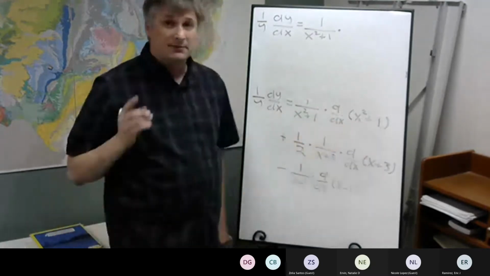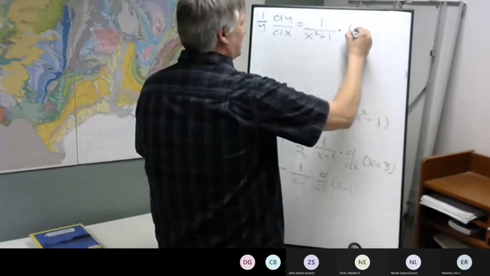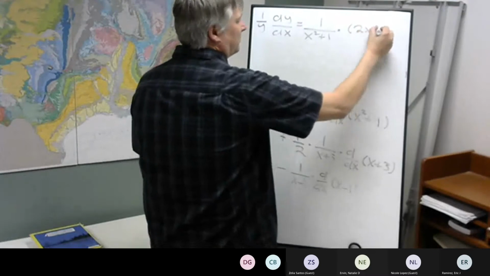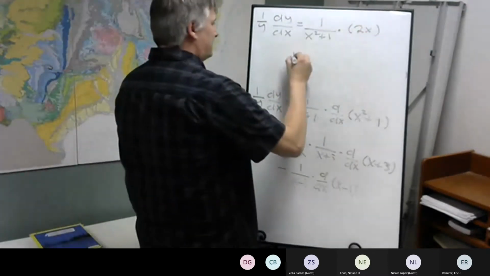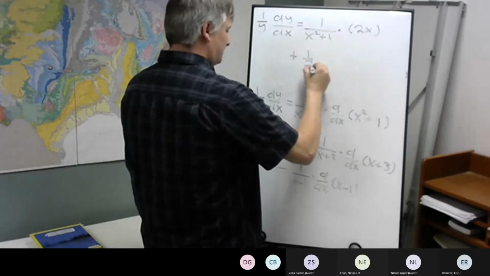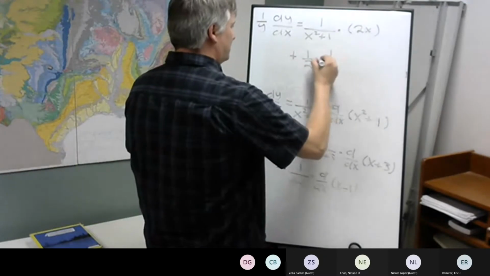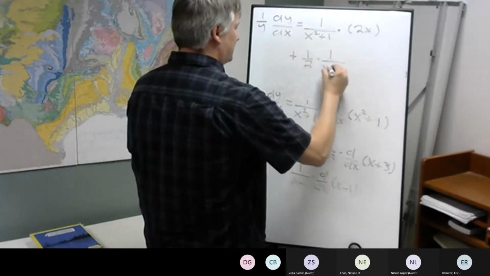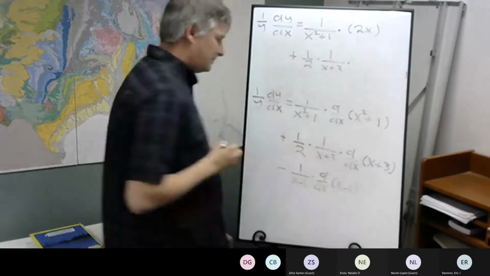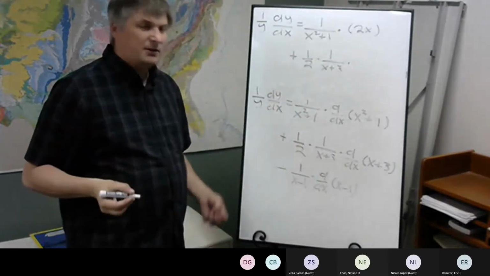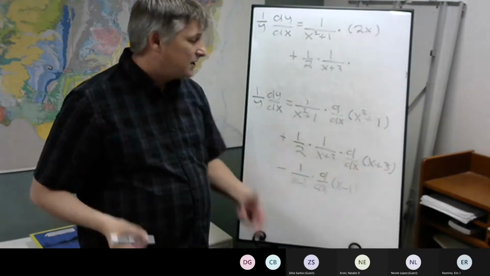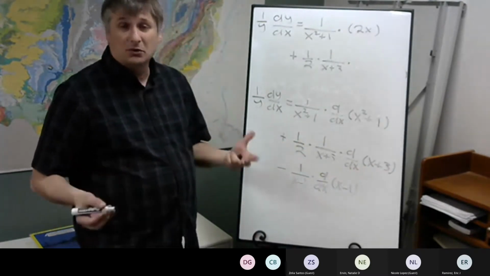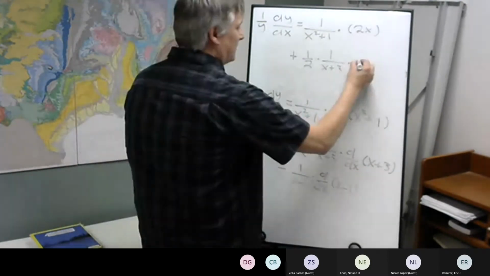Derivative of 1, 0. So this will be 2x plus 0, or just 2x. Plus 1/2 times 1 over x plus 3 times the derivative of x plus 3, derivative of x will be 1. Derivative of 3 is 0. 1 plus 0 is 1. So we've got 1.